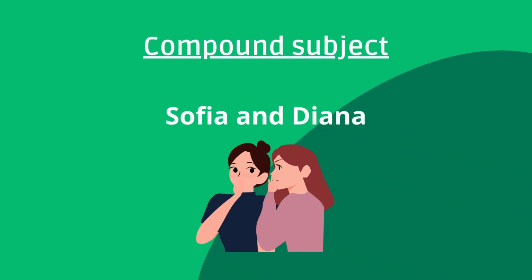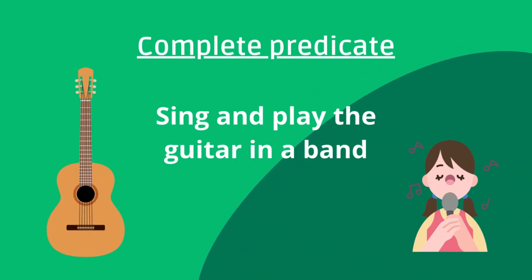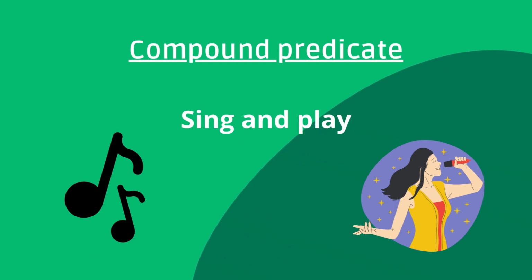And in the compound subject, we have Sophia and Diana. In the complete predicate, we have sing and play the guitar in a band. That is the action performed by the two subjects. In the compound predicate, we have the verbs sing and play.